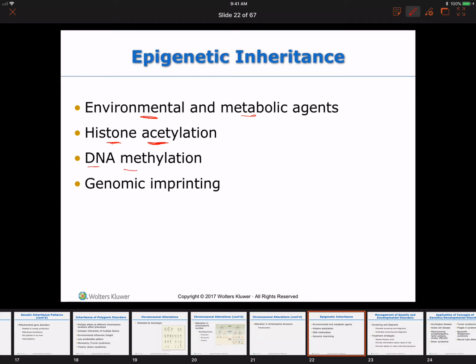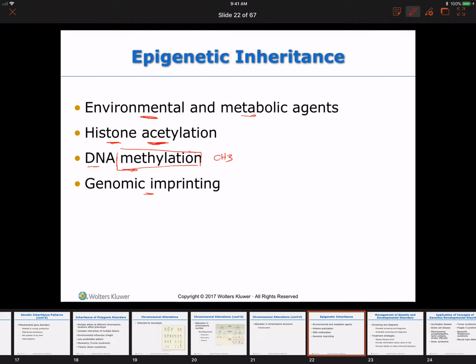There is DNA methylation. The term methylation is adding a methyl group, which will shut off a particular chemical compound. And then there is genomic imprinting. We're not going to get into too much detail because this is not a genetics course. I'm just introducing the terms.